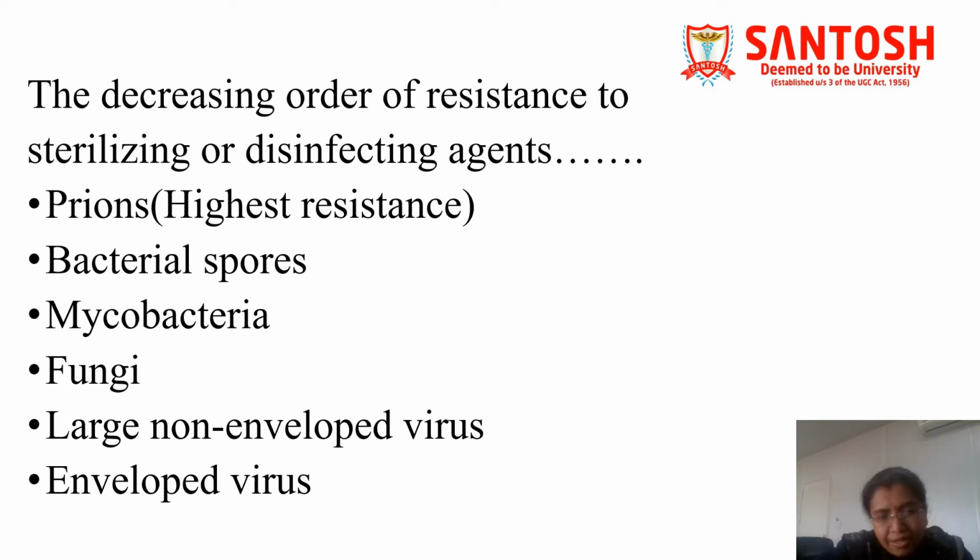So again, in this COVID endemic, we have seen that coronavirus is an enveloped virus, and by merely washing hands with simple soap and water, we can get rid of coronavirus from our body surfaces. Okay, from our hands. So enveloped viruses are very easily removed, but prions have the highest resistance toward sterilizing agents or disinfecting agents. Okay.